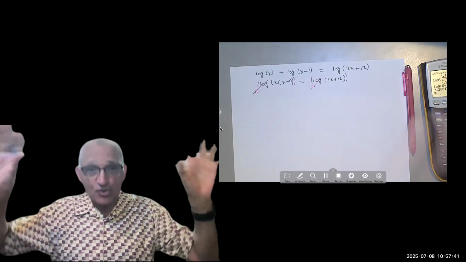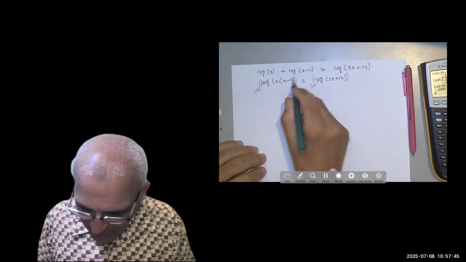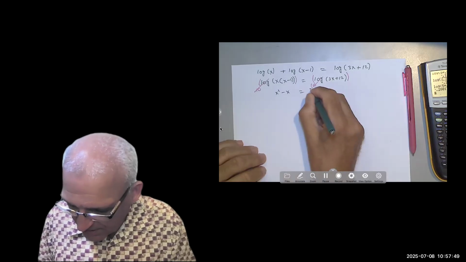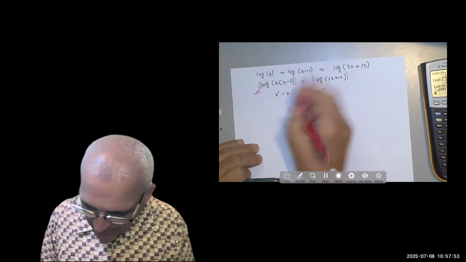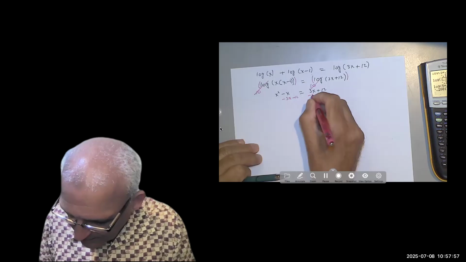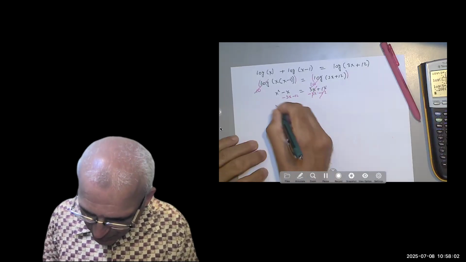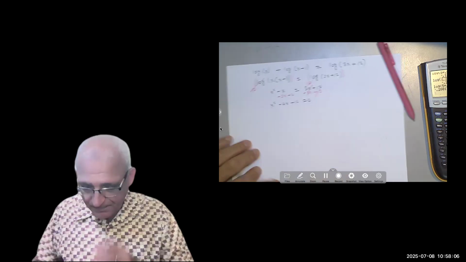I don't have to square both sides, but it's better. So x times x minus 1 is x squared minus x equals 3x plus 12. I'm going to move everything to the left, so subtract 3x and subtract 12. So I get x squared minus 4x minus 12 equals 0.